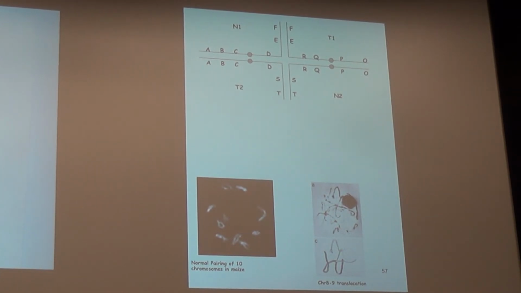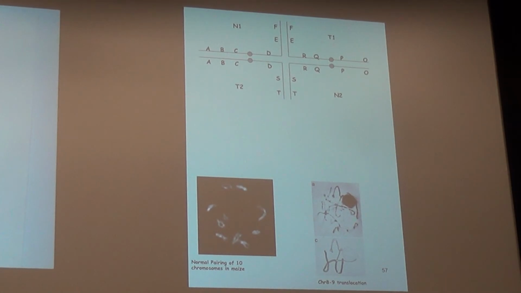Correct? When you do that, one pole, let's label this. This is your T1, and this is N2. This is T2. Okay. So now when you pull these chromosomes apart, you're going to get in meiosis 1 an N1, T1, and an N2, T2 homologous chromosome in the gamete.